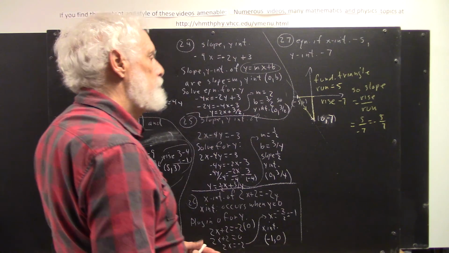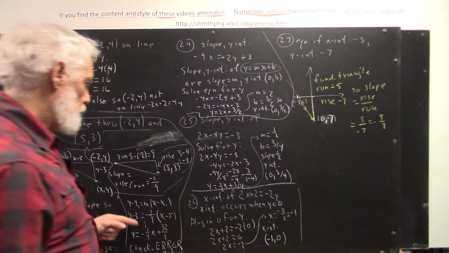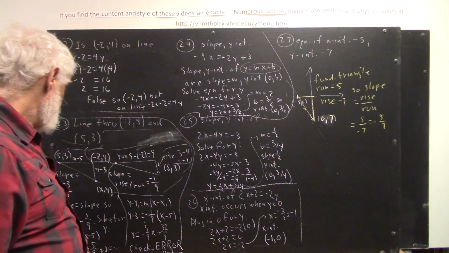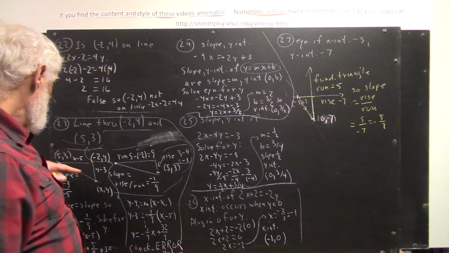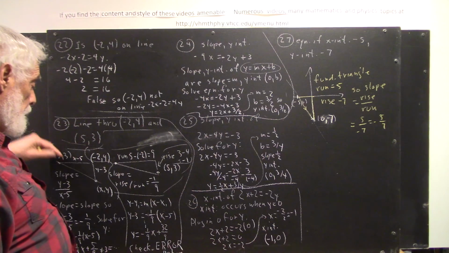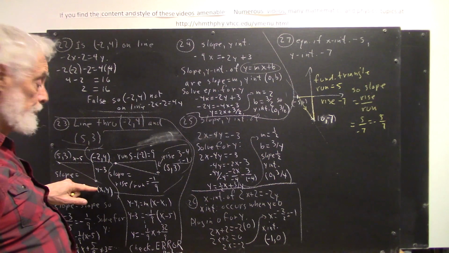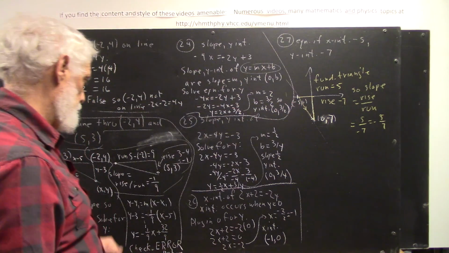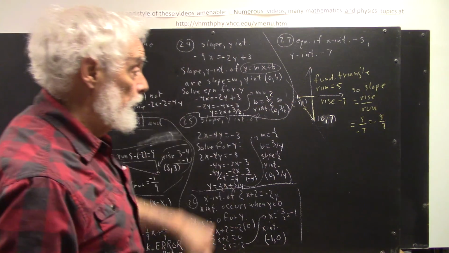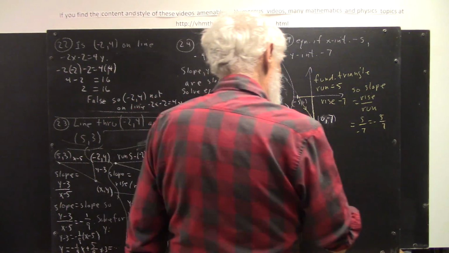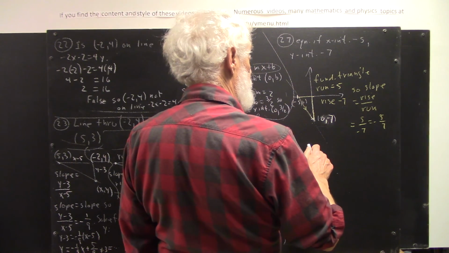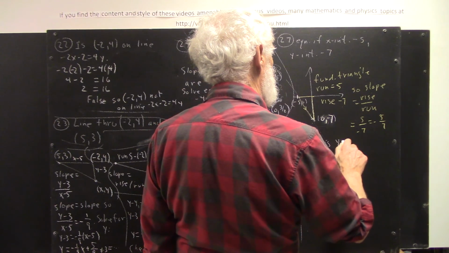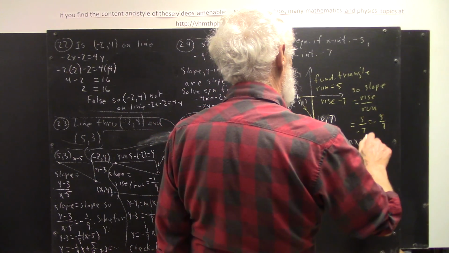Now we could use the point-slope form with either of our points and the slope that we have. We could proceed to construct a fundamental triangle between one of our points and the point (x, y), find the expression for that slope and set it equal to the slope we found. But in this case, really the easiest thing to do is, the equation is y equals mx plus b.